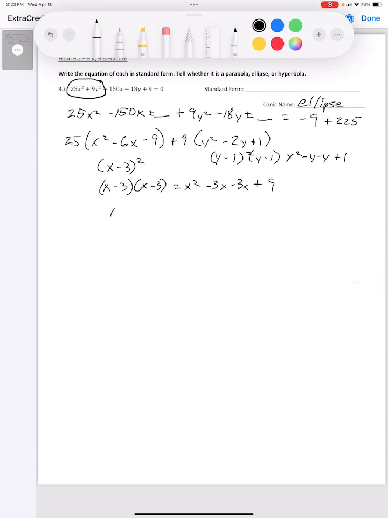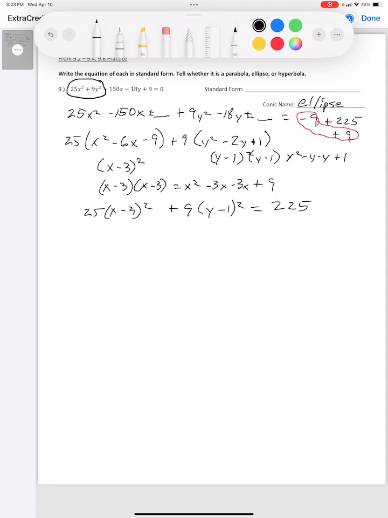So we've got 25 times x minus 3 squared, plus 9 times y minus 1 squared. And that 9 times that 1, we're going to have to add 9 over there. Well, you can see right now that those two cancel out. So over here, we're going to get 225.